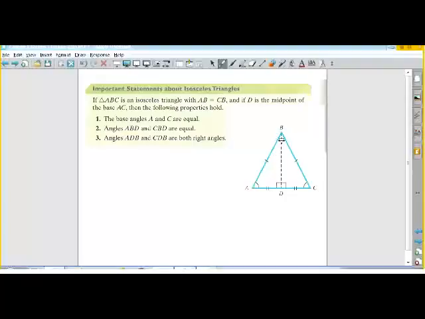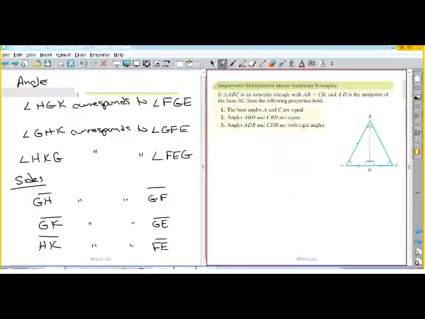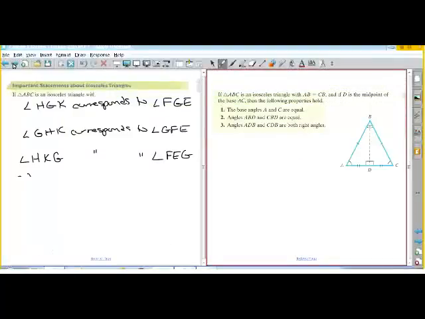The angles created by this bisector, angle ABD and angle CBD, are the same, and these are both right angles. Because of that, you get two right triangles, which are easy to solve. So it's an interesting thing, but we're probably not going to use that in this class.